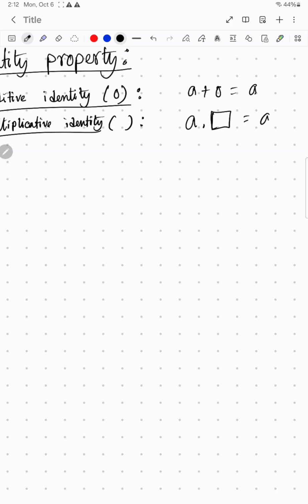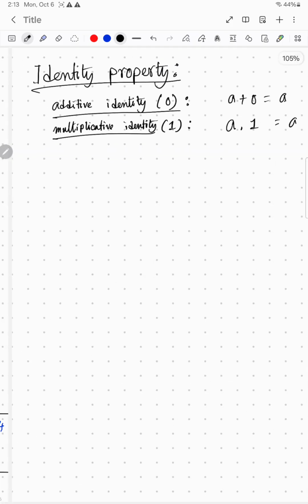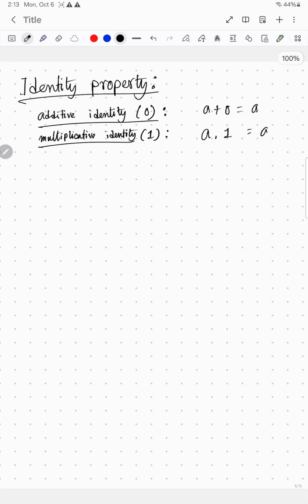It doesn't change the value of a. Like let's say 5. What is that number when you multiply with 5? It still stays 5. Yes, that is right. It's just 1. So your multiplicative identity is just 1. When you multiply 1 with any number, it doesn't change. The additive identity is 0. When you add 0 to any number, it doesn't change the value.